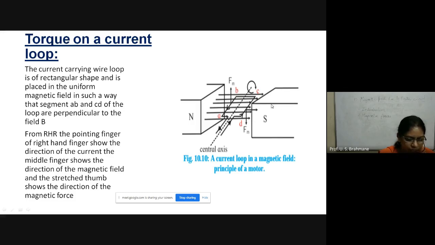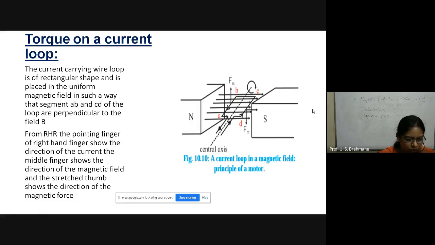Then by the right hand rule, if we take a right hand, the pointing finger of the right hand shows the direction of the current.